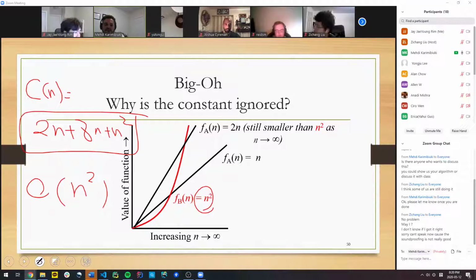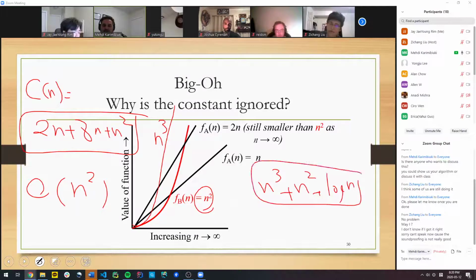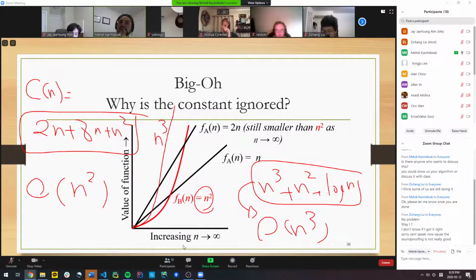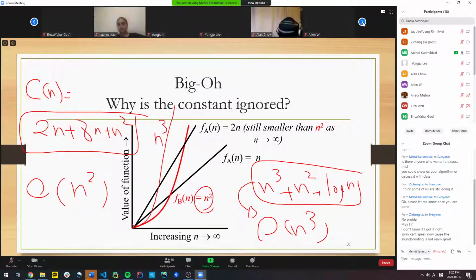Another example, if you do n cubed, I think this is going to be n cubed. So if you have an algorithm that says n cubed plus n squared plus log n, in this kind of algorithm you have to put the biggest one. So n cubed is growing much faster than n squared, right? In fact, you guys can draw it.